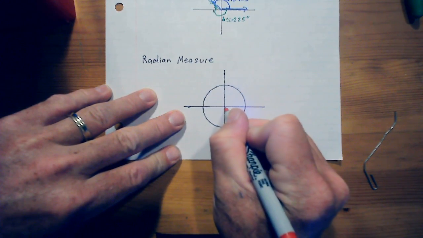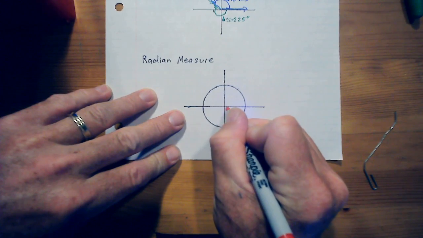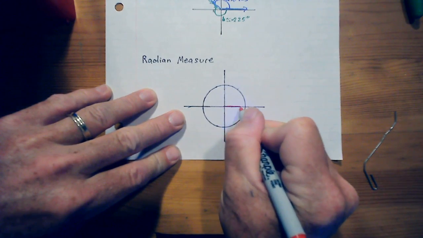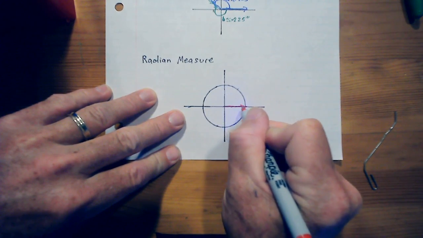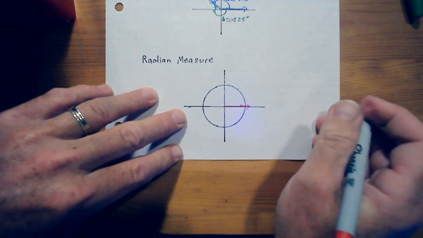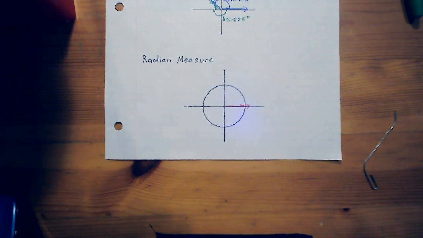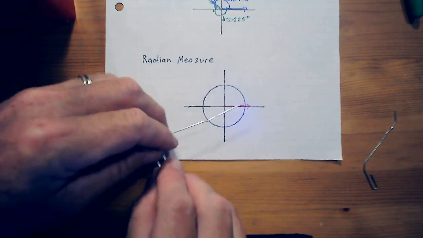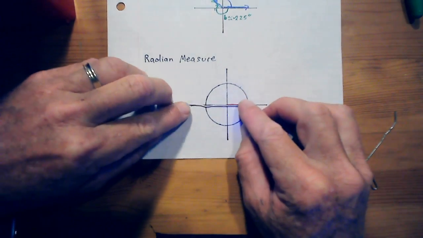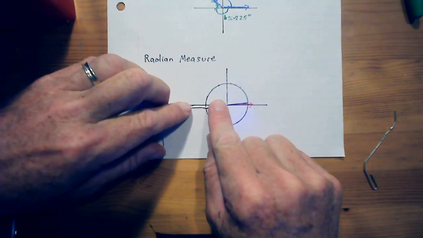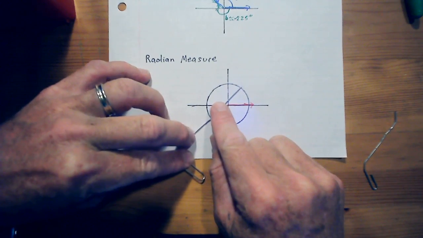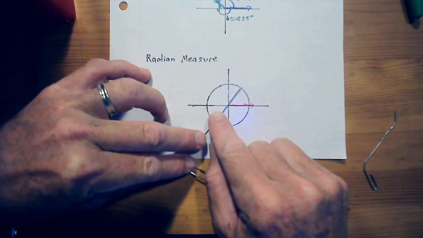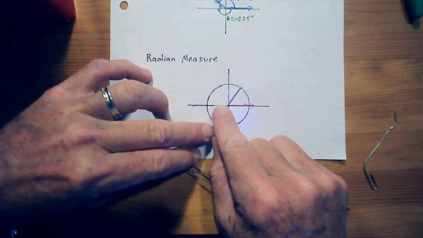Circles and triangles and angles in circles are going to be a big deal. So here's an angle, okay? There's its initial side. And let's say, open it up to about there, okay? So there is our angle.